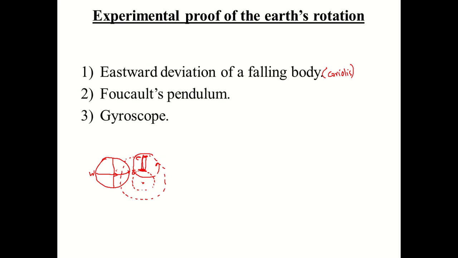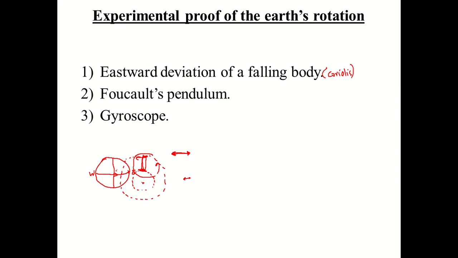When it is dropped, if it was not dropped, it should have moved a large distance. Suppose this is the distance moved by the stone because it is having a greater speed at the top of the tower. Suppose if it was at the bottom, it would have moved a smaller distance, since the speed of the objects near the axis of the Earth will be small.